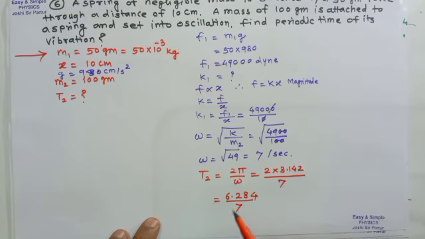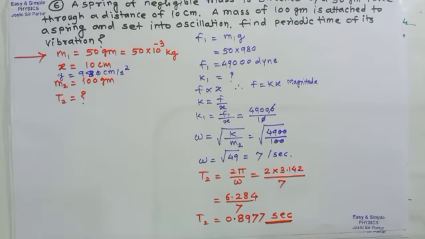By division of 7, the time period becomes 0.8977 second.